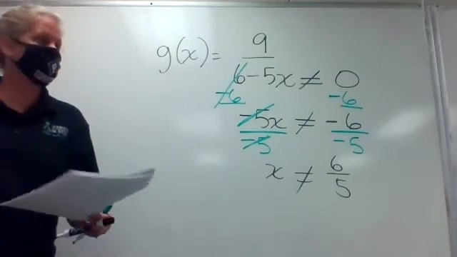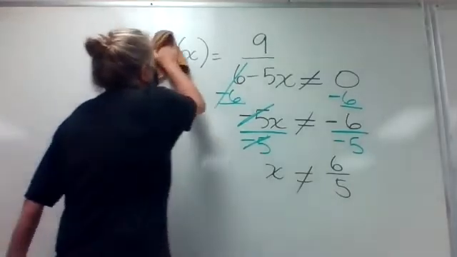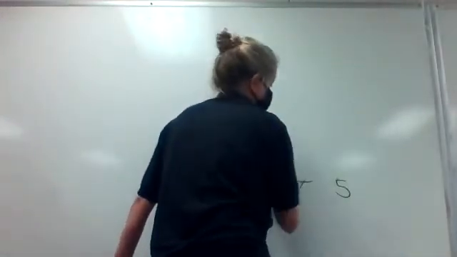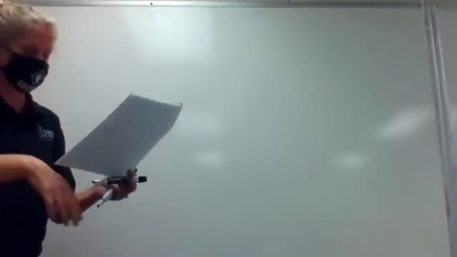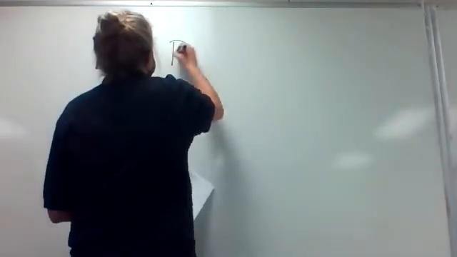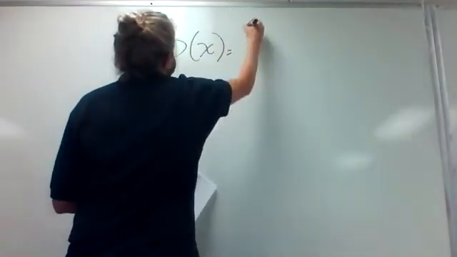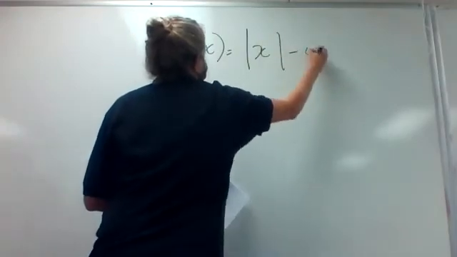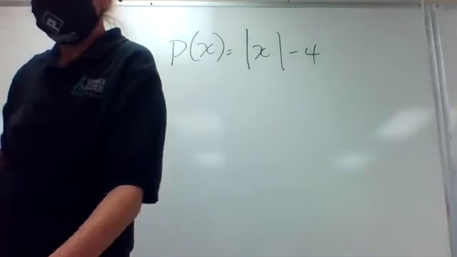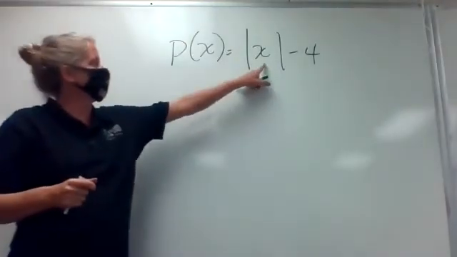Okay. Number 7. G of x equals the absolute value of x minus 4. So again, here's my x.